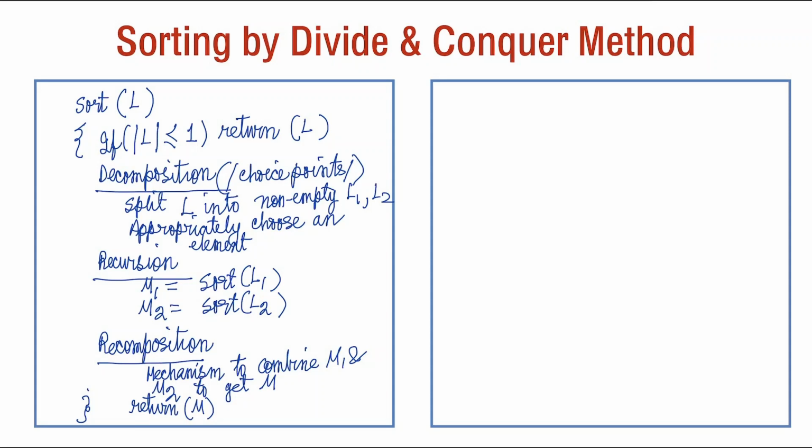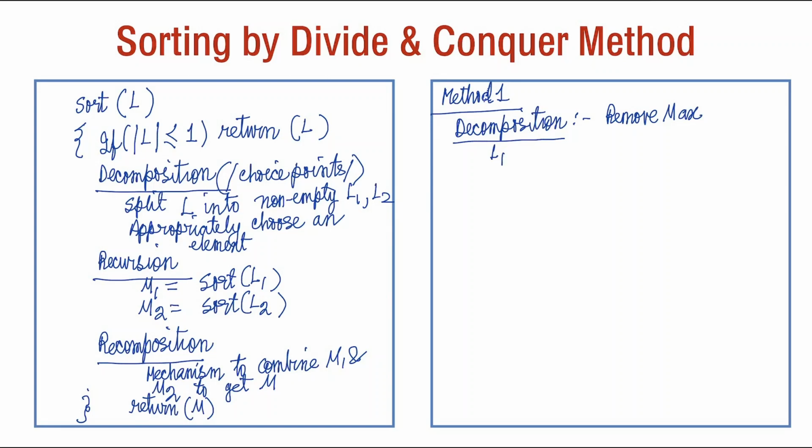Now, till now, we have seen 2 or 3 methods, and among those methods, method 1, which we called the max based removal, is one where our decomposition step consisted of remove max.